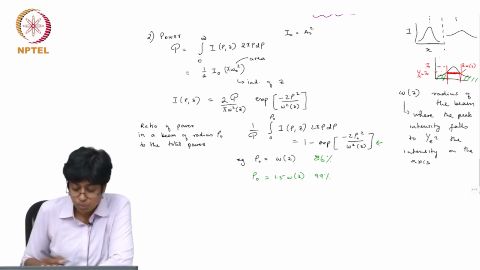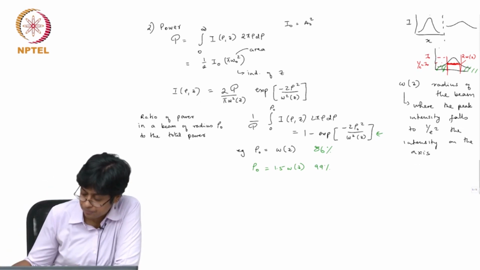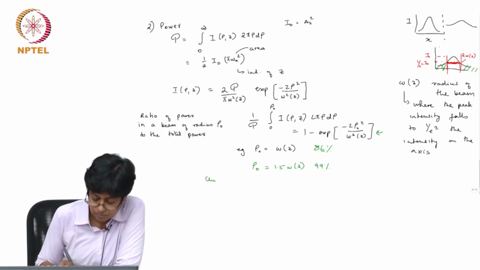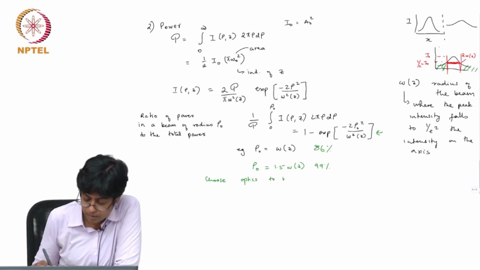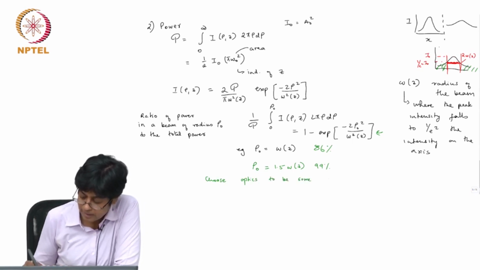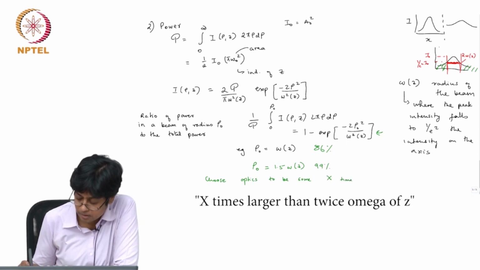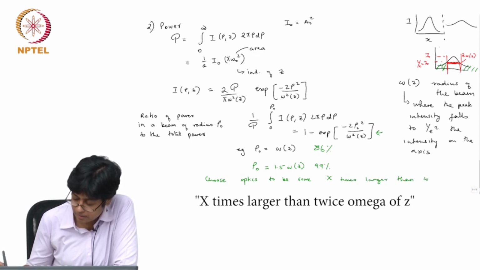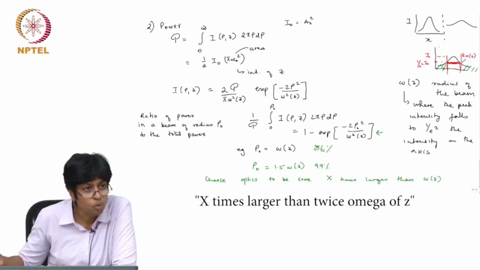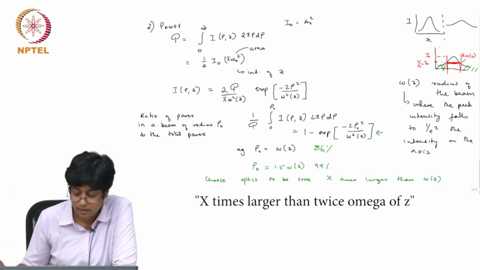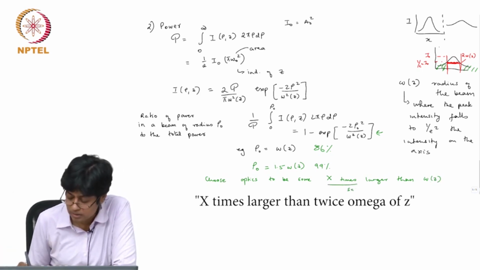So you would choose optics to be some x times larger than omega of z to ensure you capture more power, and this x we call the safety factor.